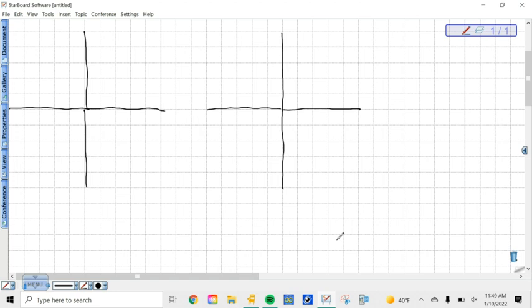This is what we're doing in this whole next unit. We're looking at a bunch of graphs with a bunch of equations. We need to get really comfortable with it.